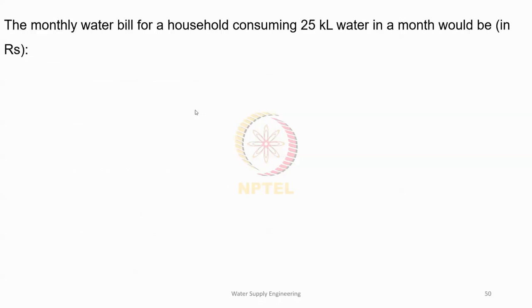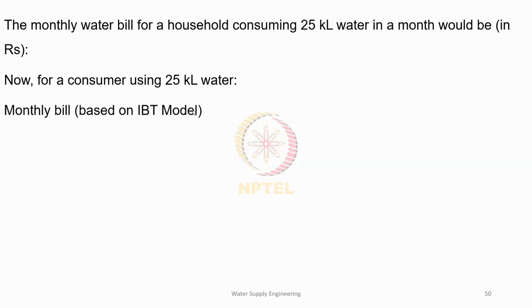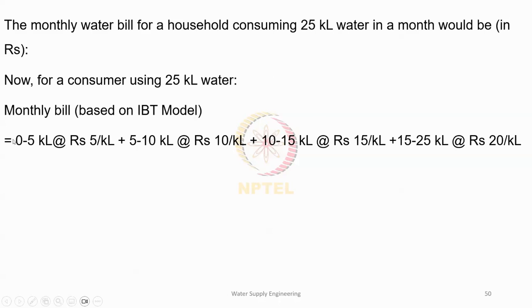So the monthly water bill in the case of a 25 kiloliter consumption will be, based on the IBT model, for 0 to 5 at rupees 5 per kiloliter, for 5 to 10 at rupees 10 per kiloliter, for 10 to 15 at rupees 15 per kiloliter, and for 15 to 25 at rupees 20 per kiloliter.